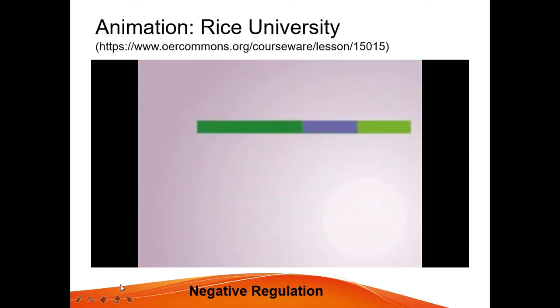Here, CAP protein, as mentioned before, catabolite activator protein, is present in the cytoplasm. But as the only carbohydrate present in the environment is lactose, the inner concentration of ATP of the cell reduces, as lactose is not metabolized yet, and there is no other source of carbohydrates or energy.